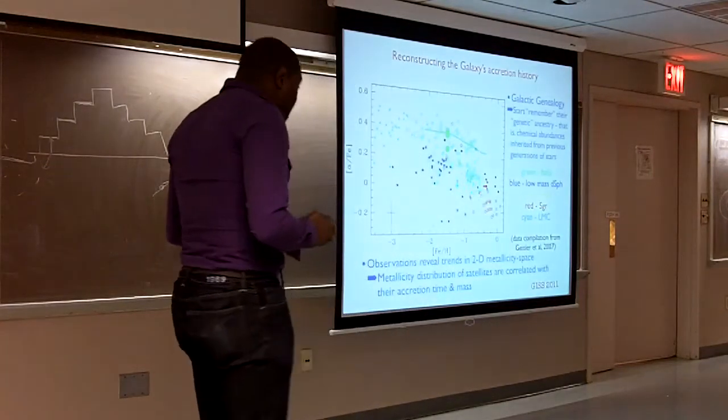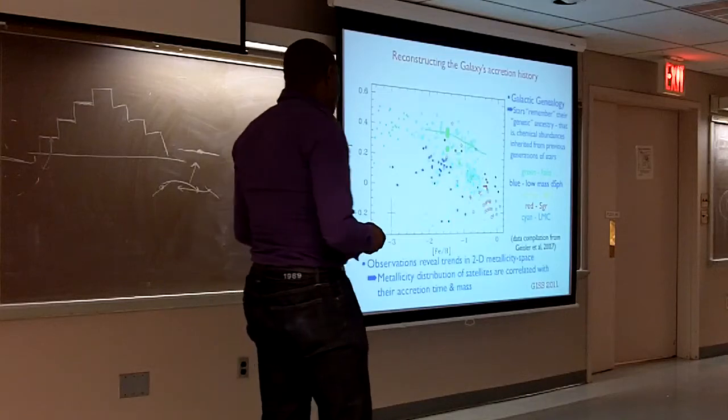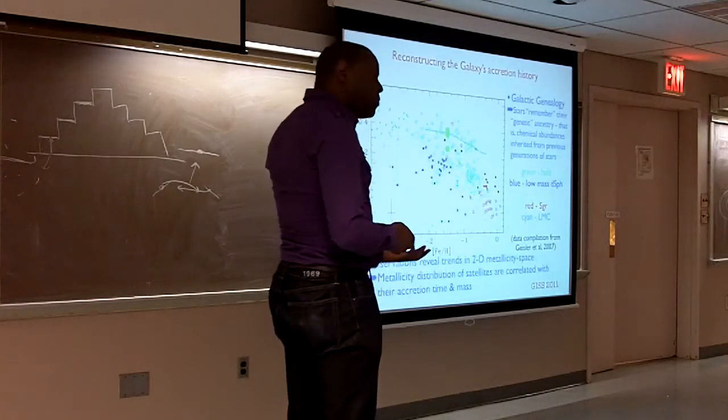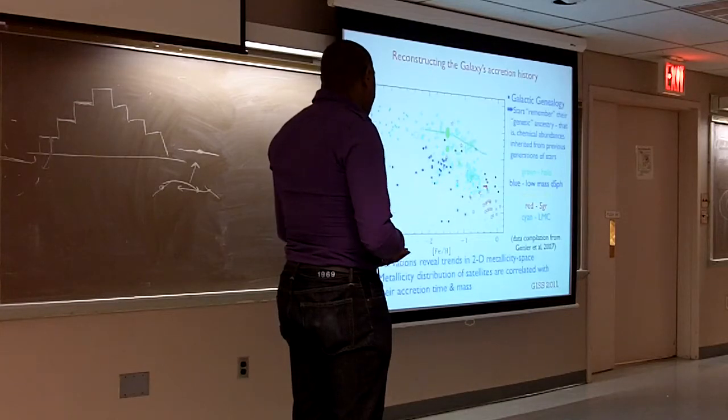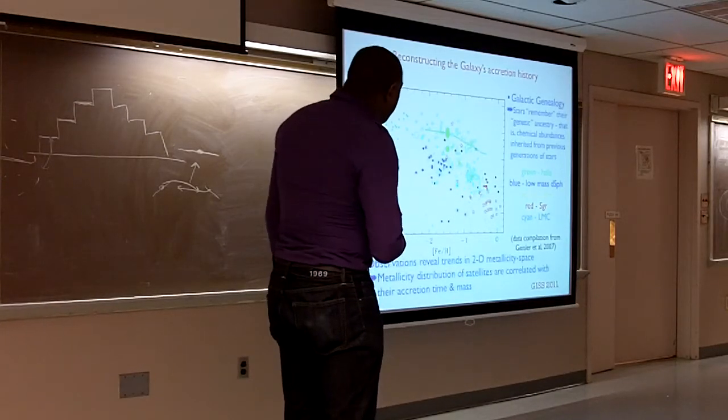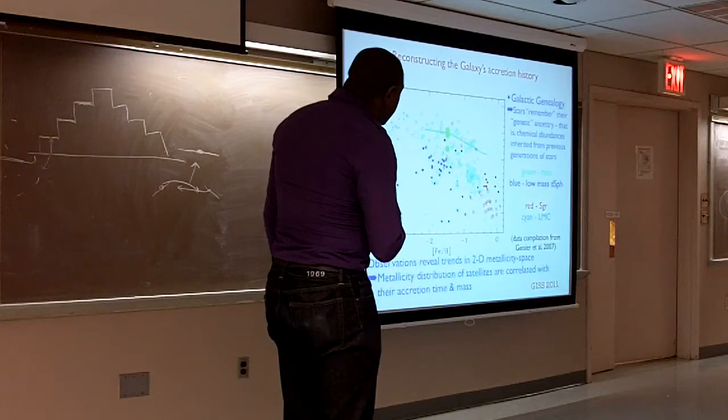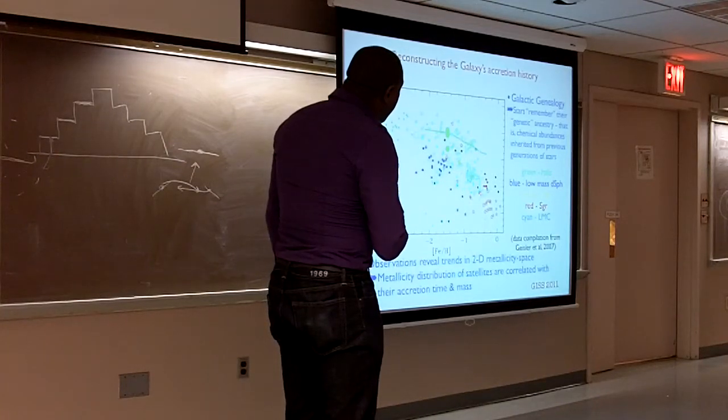And so that gives us some information about the type of dwarf galaxy that they belong to, but also pointing out that, for instance, this is a low mass system, whereas systems here are higher mass dwarfs.